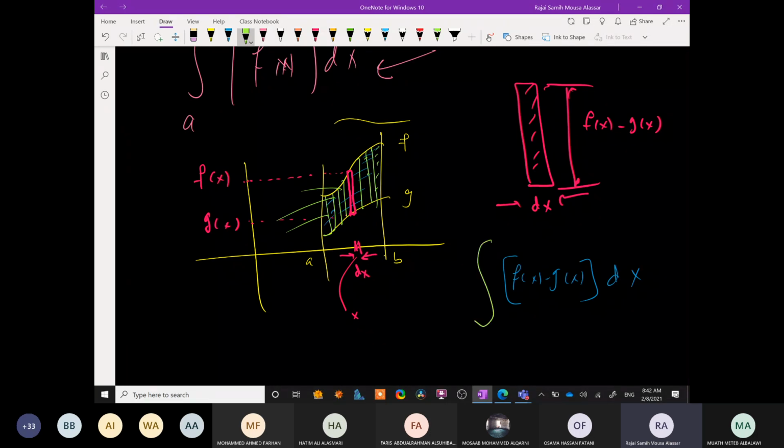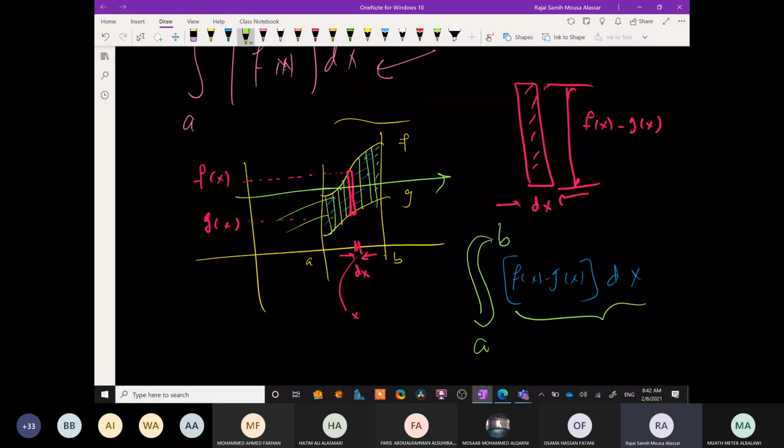What is addition in our language? Integration. Exactly. So you want to collect them in this direction from a to b. Is that fine? Do you understand what I'm saying? So actually you're calculating the area of one rectangle and you put an integral sign, which means that you will add them in that direction, in the x direction. That's all. It's as simple as that.